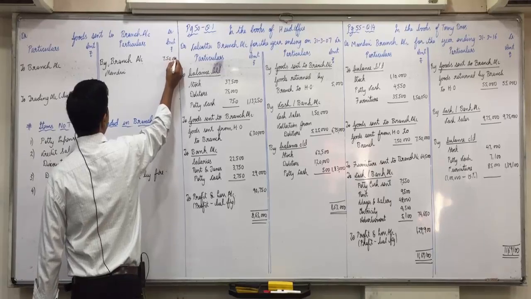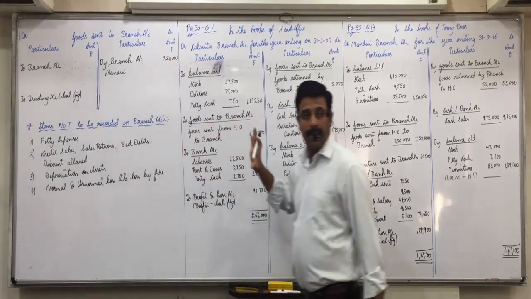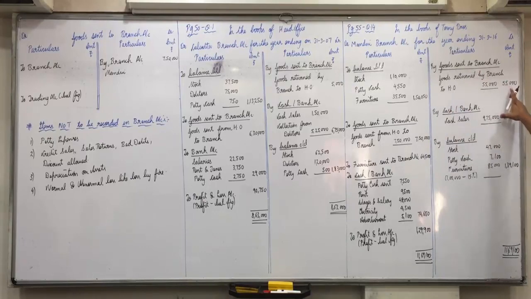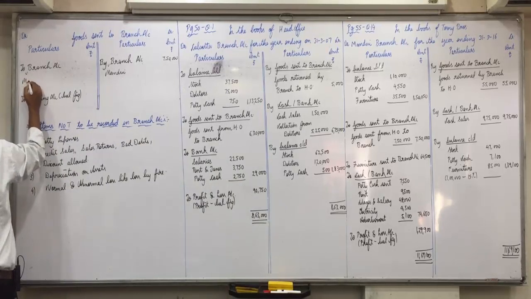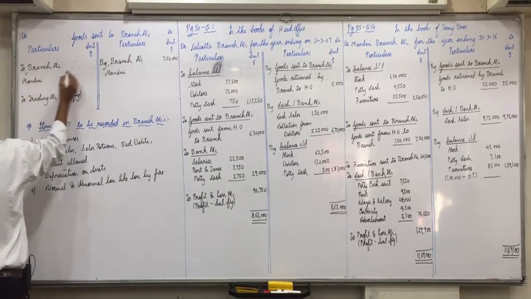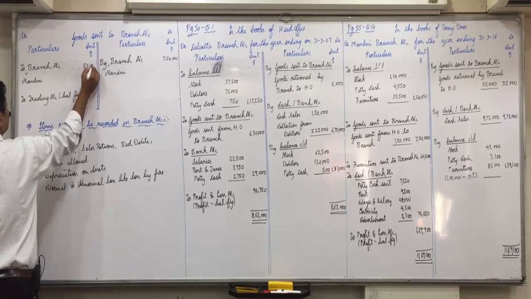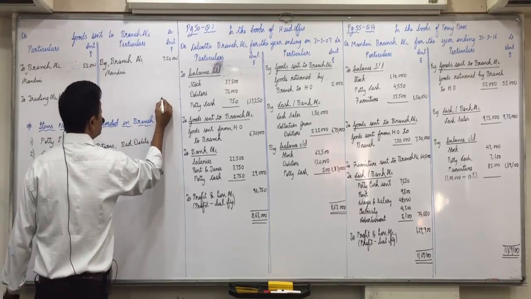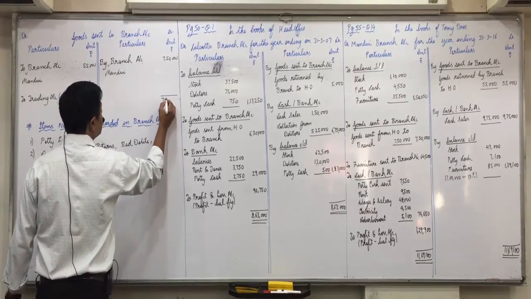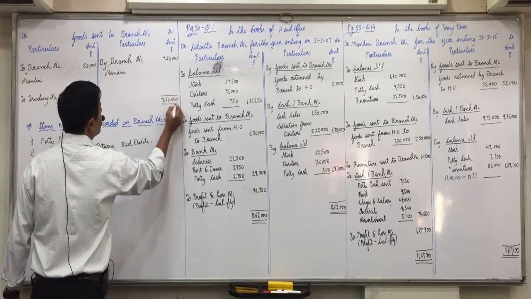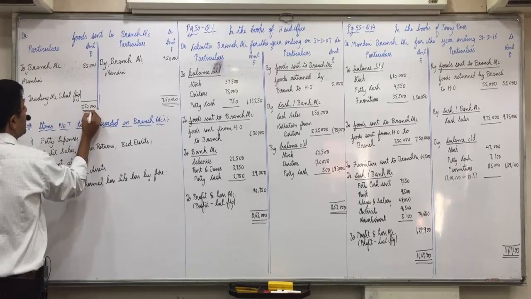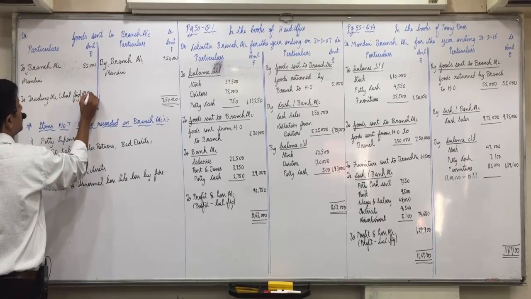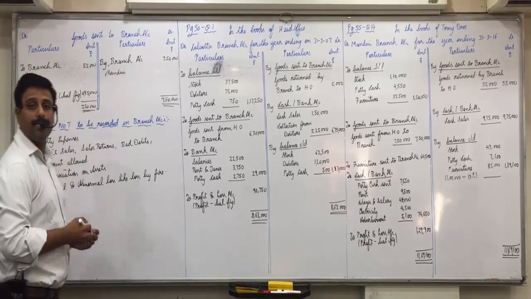We just have to do the posting on the opposite side. On the credit side you have by goods sent to branch 55,000. So in goods sent to branch you will write on the debit side to Mandvi branch account 55,000. And the balancing amount will be transferred to trading account, means 7,50,000 minus 55,000, 6,95,000 will be transferred to trading account.